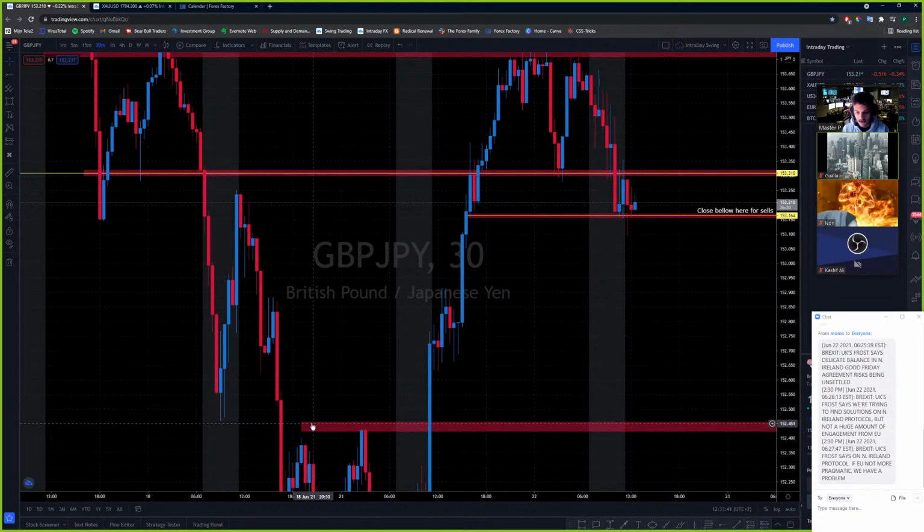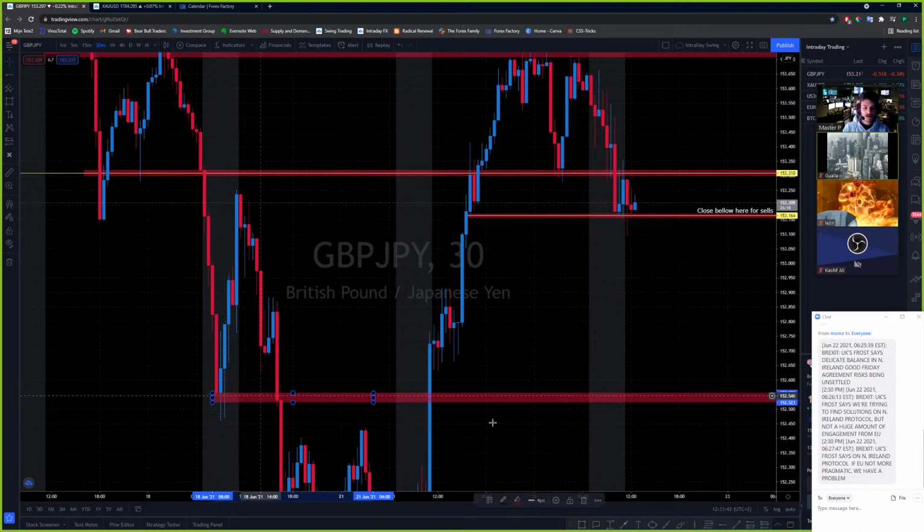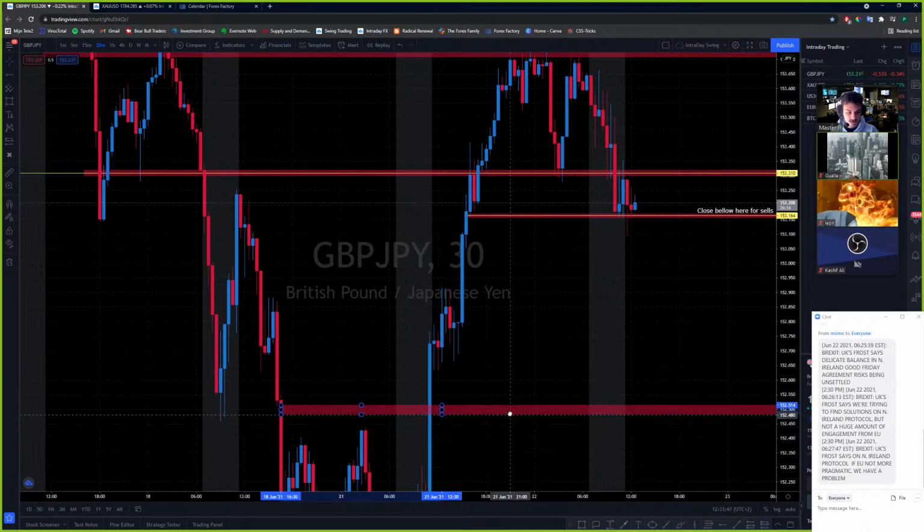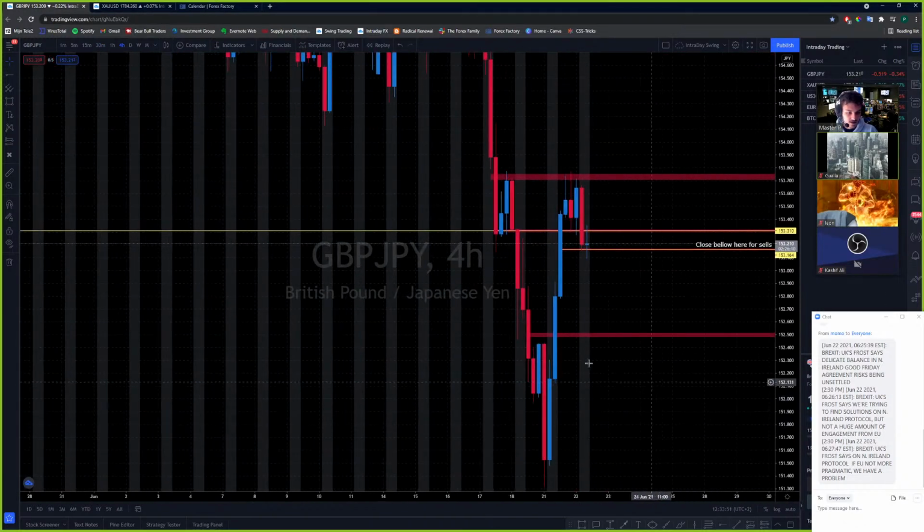Oh yeah, there's this level over here. That could be like a conservative target. But I'm looking more towards 150 flat. I think that's a really safe, really good target. Should hit easily.